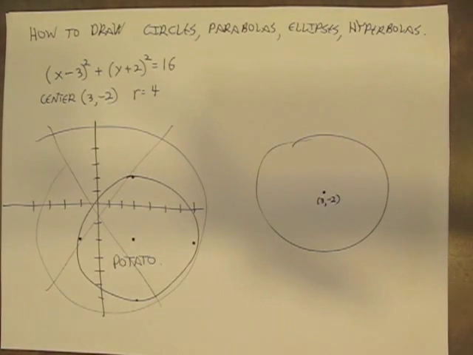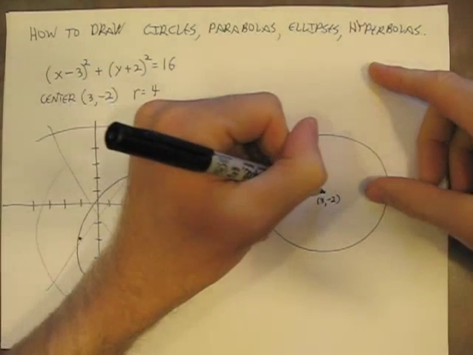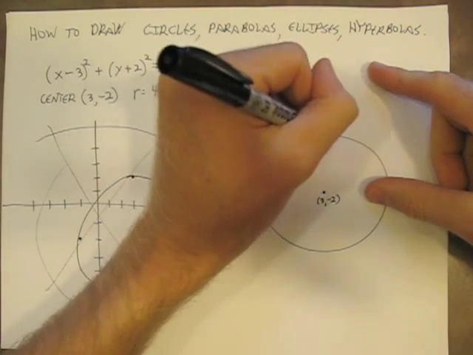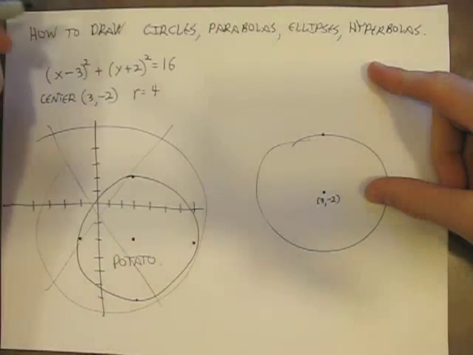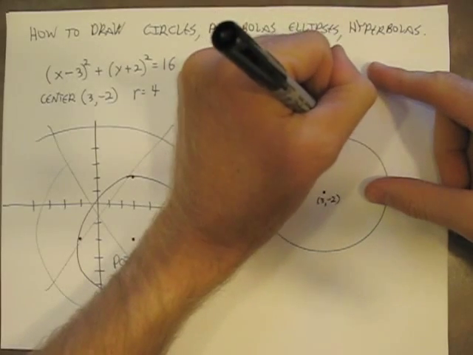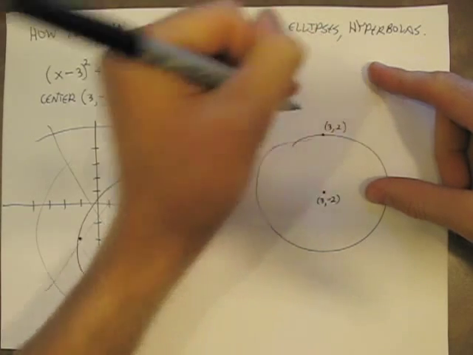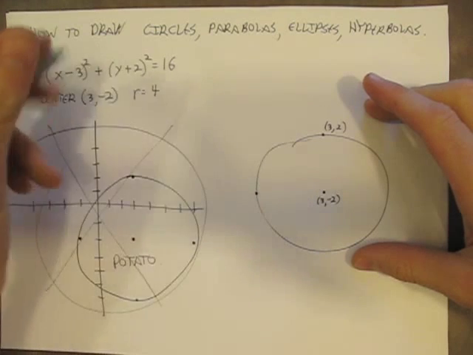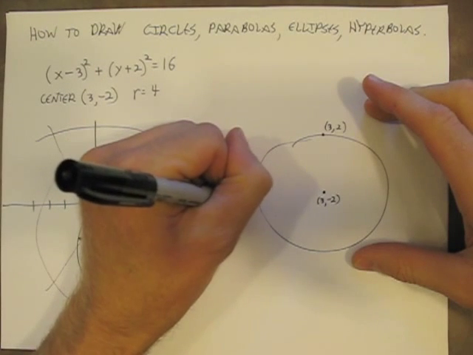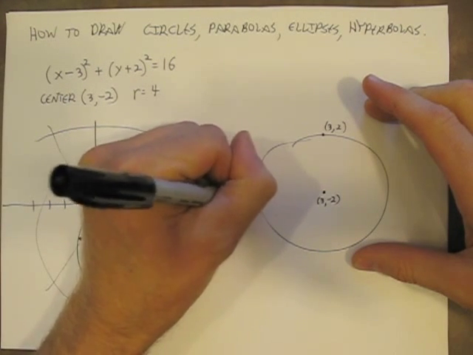And my radius is going to be 4. So if my radius is 4, this is going to be the point 3, 2. And this is going to be the point negative 1, negative 2.